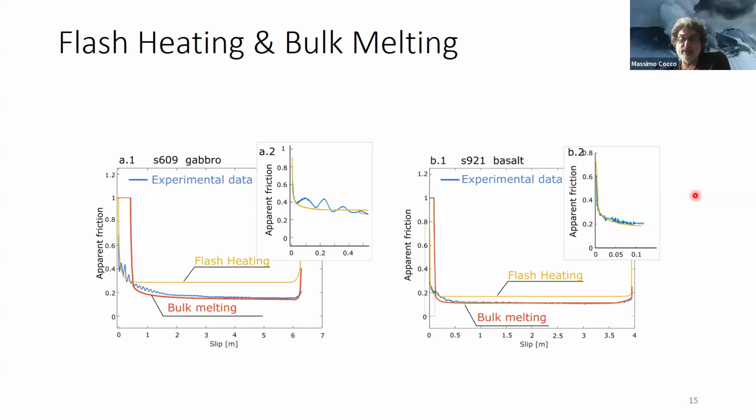Yeah. And the second general comment that came out from the work that Chiara is doing is that we need to keep the benefits of using the linear slip weakening law, because it has been a fundamental progress in earthquake mechanics.